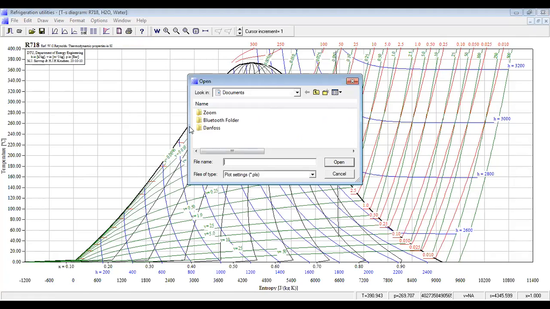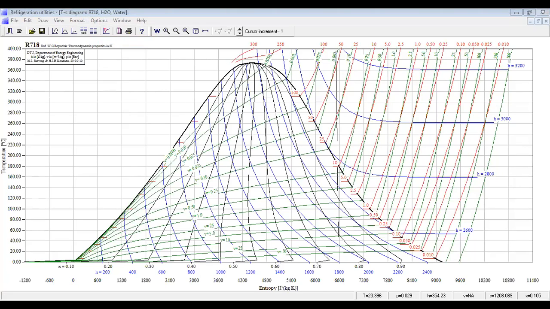Plot settings. So if I go for one more, let's say cool tool analysis, TS.